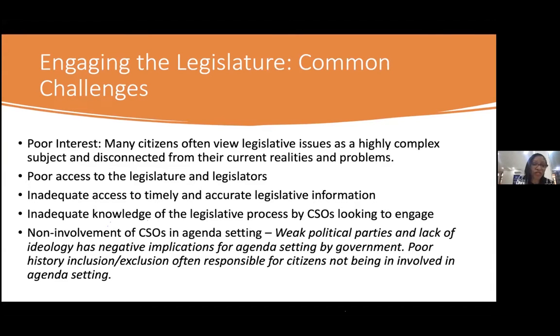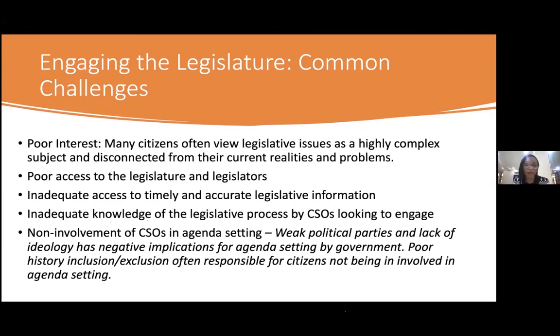Then there's also the issue of inadequate access to timely and accurate legislative information, which is a huge challenge because, again, you need information and knowledge to engage. One may ask, whose responsibility is it? Really, I think it's two ways.